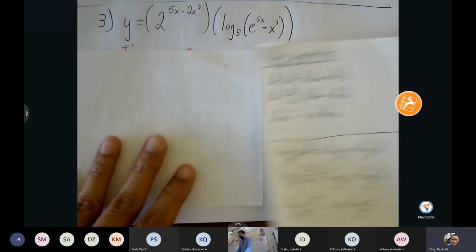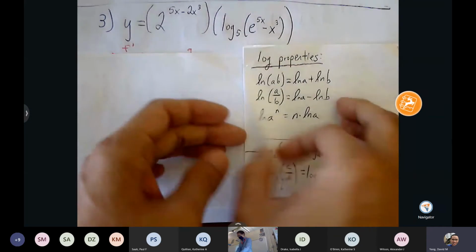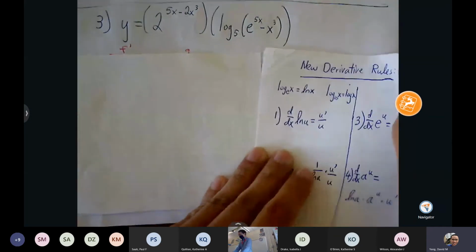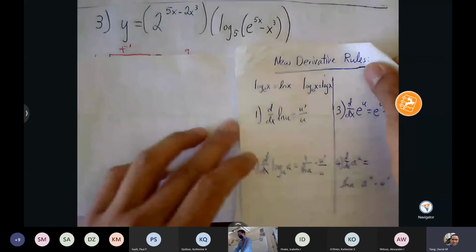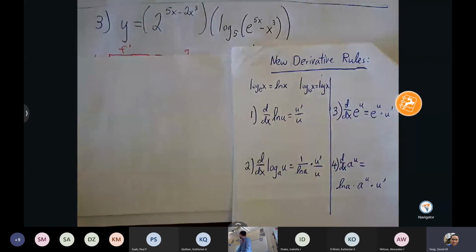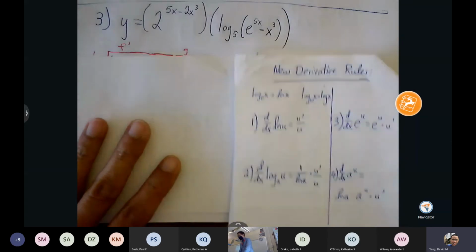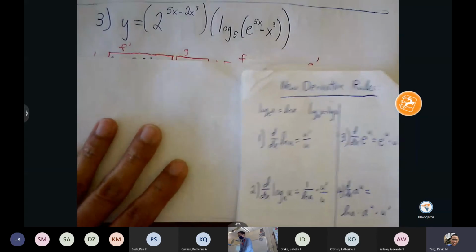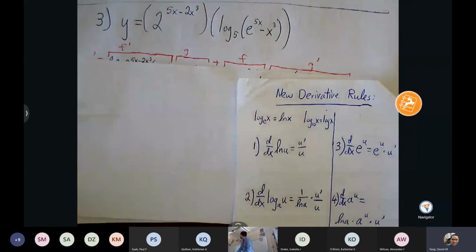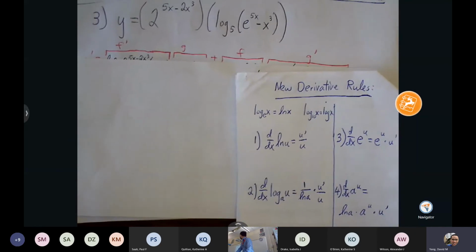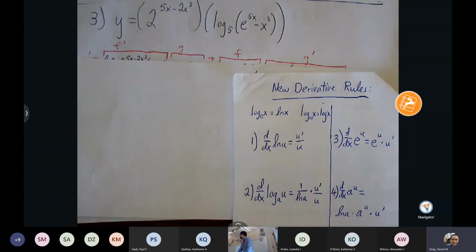Okay, so we're going to jump into our derivative rule. See if you can use these rules to help you set things up. And we got product rule going on here, right? All right, try that.